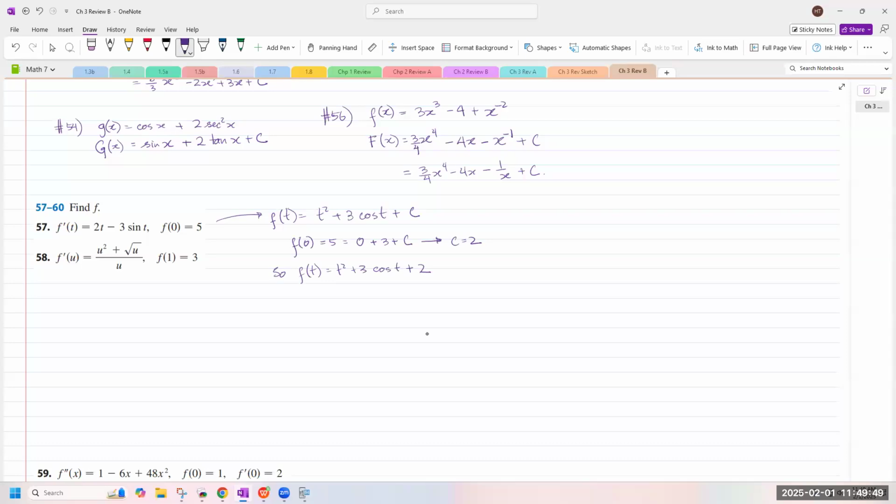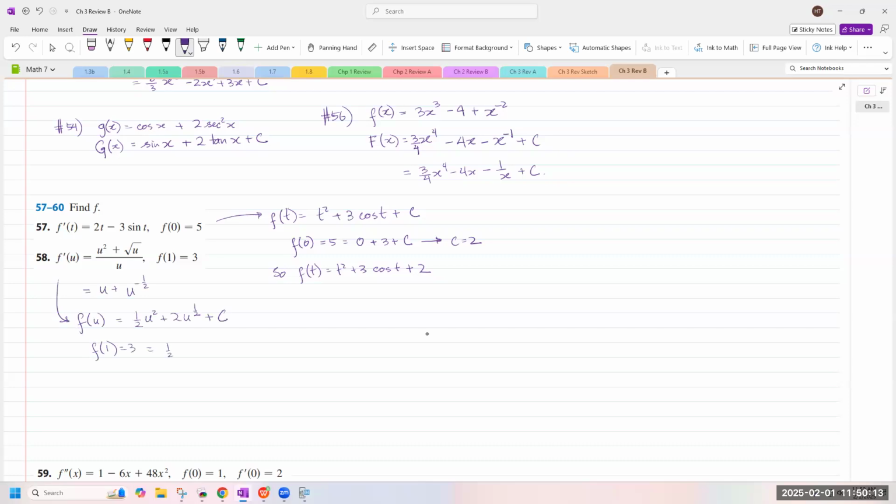Okay, number 58. F(u), oh, this is u plus u to the power of negative 1/2. So F(u) is 1/2 u squared plus 2u to the power of 1/2 plus constant, with F(1) equals 3.